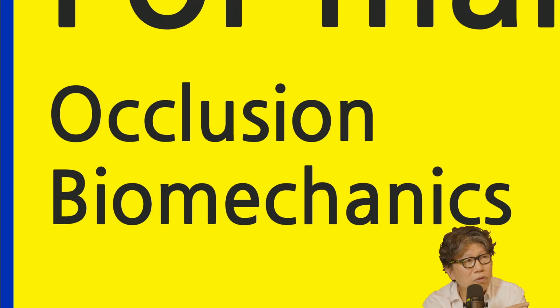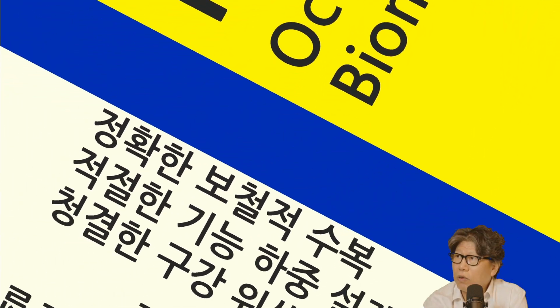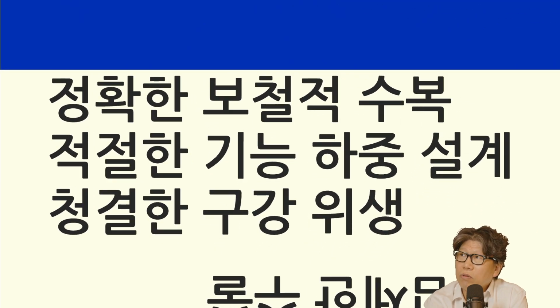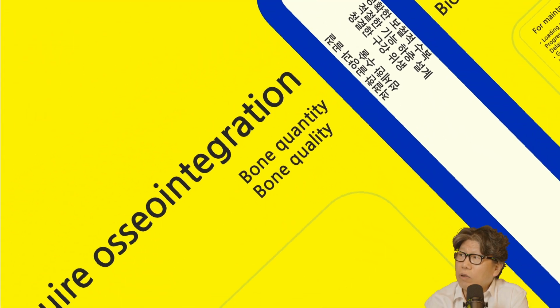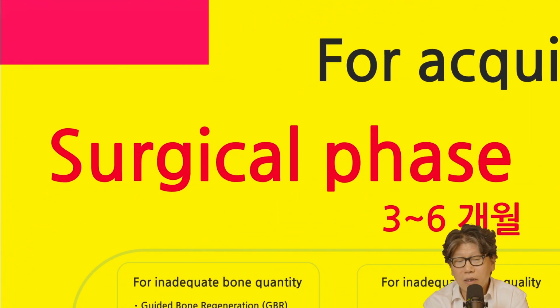If you overload more than the neighboring teeth, you're in trouble. If you know that much, you know a lot. And I would like you to understand a little bit more about biomechanics. But at the end of the day, I think it's the correct prosthetic restoration, proper functional load design, and then good oral hygiene that will maintain osseointegration. So let's just look at the surgical phase a little bit more.